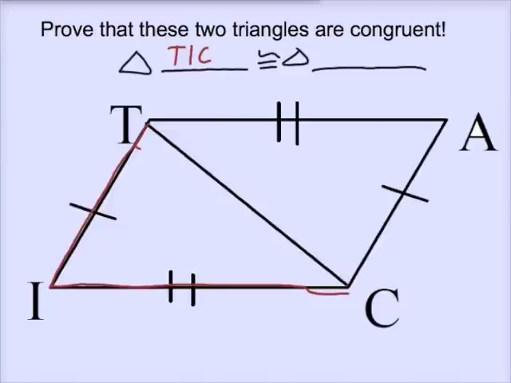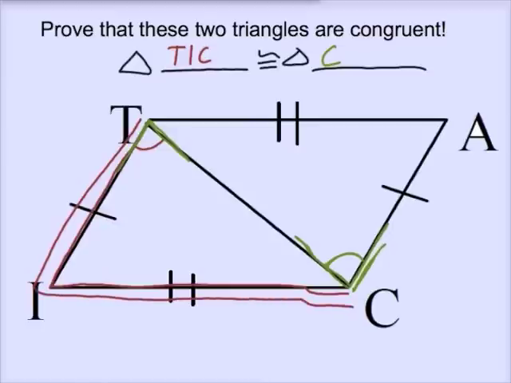Well, what does angle T, this angle up top here, correspond with? In this other triangle off to the right, that angle is made up of the shared side and also the segment with 1 congruence mark. So the angle that shares 1 congruence mark and fits the shared side is this angle. So we'll begin naming our second triangle with C. In triangle TIC, we follow T towards I, end up at C. In other words, we go down the segment with 1 tick mark and follow the segment with 2 tick marks.